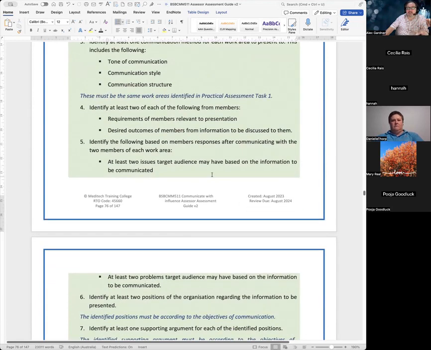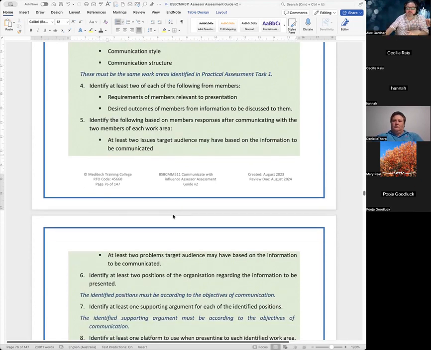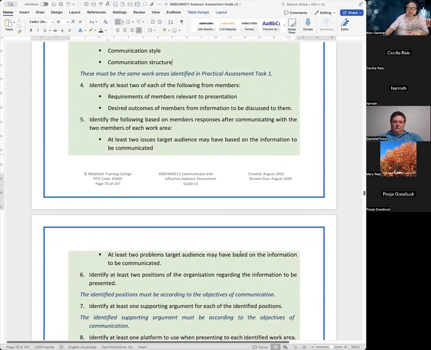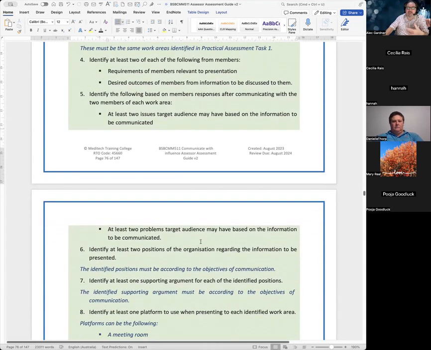So at least 2 issues the target audience must have based on the information to communicate. So we're looking at 2 issues that we want to get across here, and at least 2 problems that the target audience may have based on the information to be communicated, so they know something about the background.